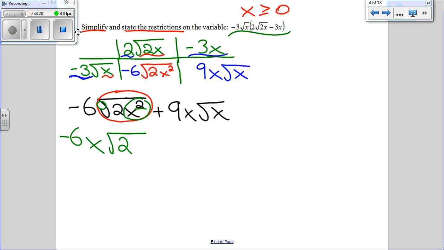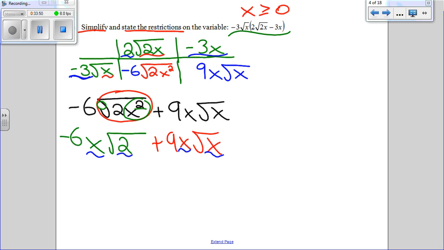So you ask yourself, how many groups of 2 could go into the exponent 2? The other one then says plus 9x root x. Both of these have coefficients that include an x. But they don't have radicands that both have an x.